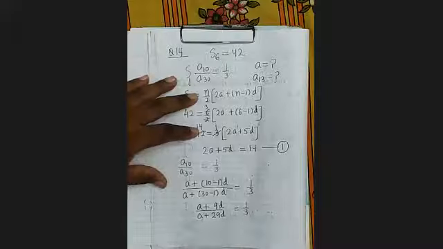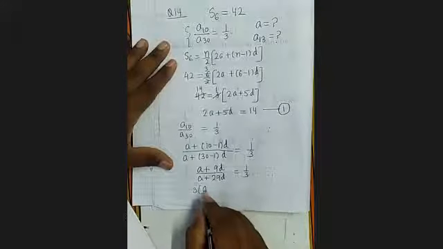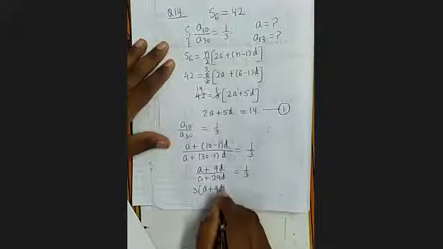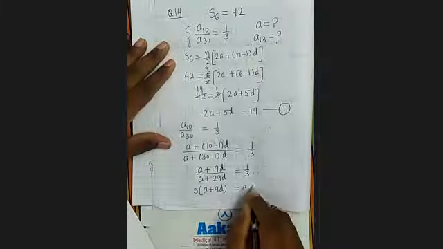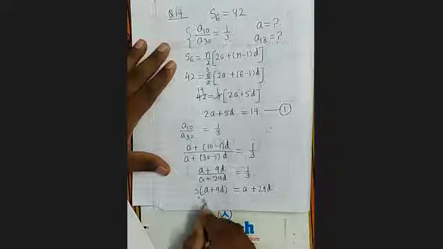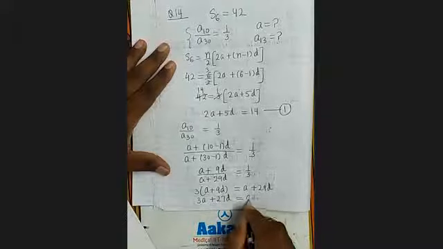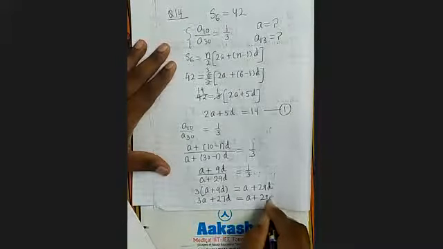Cross multiply. When you cross multiply, it will become 3 into A plus 9d equals to A plus 29d. So 3a plus 27d equals to a plus 29d.